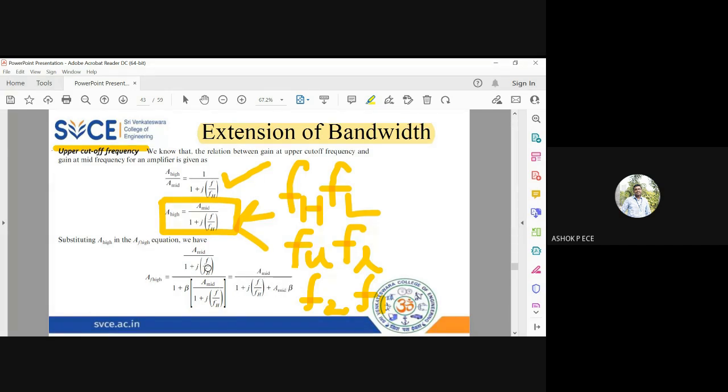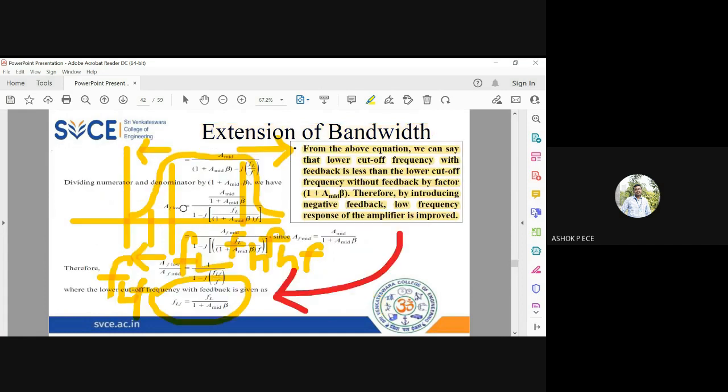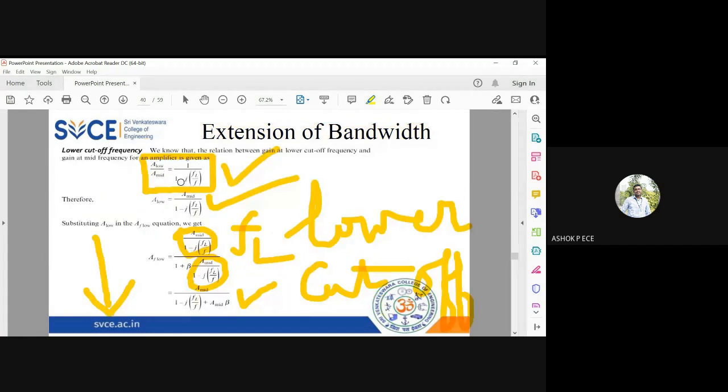The steps are exactly the same. If you understand stepwise what we did for the lower cutoff frequency, we do the same for the upper cutoff frequency. How to remember this term? For lower cutoff, you remember 1 by 1 minus j FL by F. For upper cutoff it will be the opposite: 1 by 1 plus j, and FL by F will become F by FH.